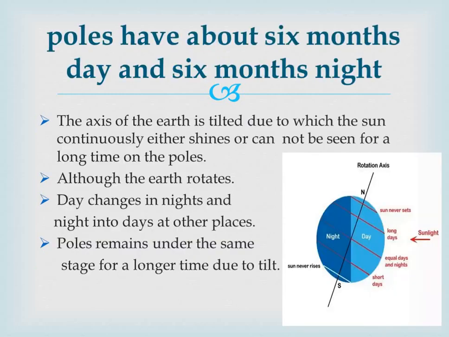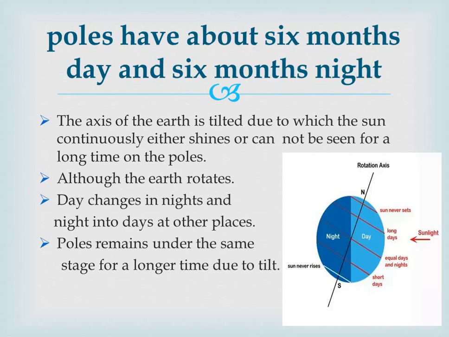Now one more topic, that is, poles have about 6 months day and 6 months night. And the reason for that is the tilt of the earth's axis. Now by this diagram we can understand that the axis of the earth is tilted.